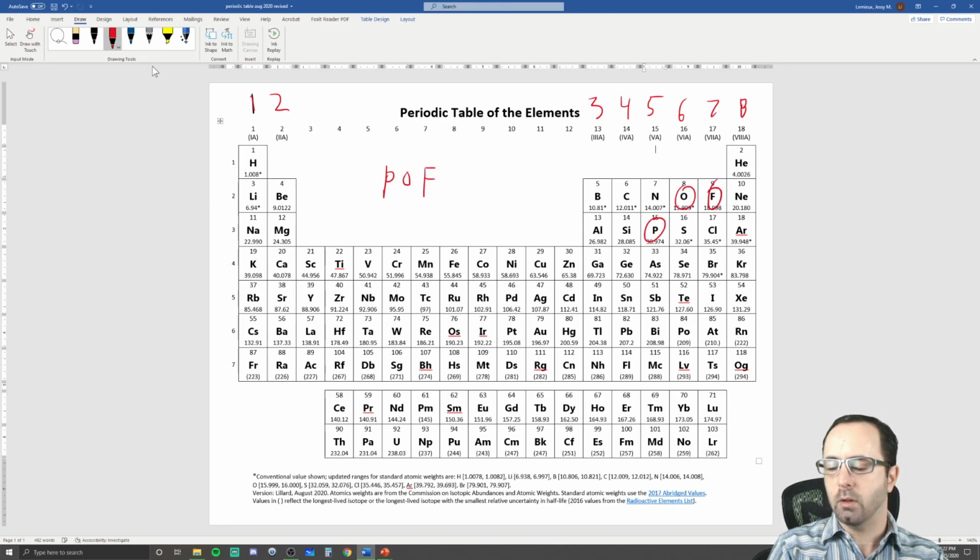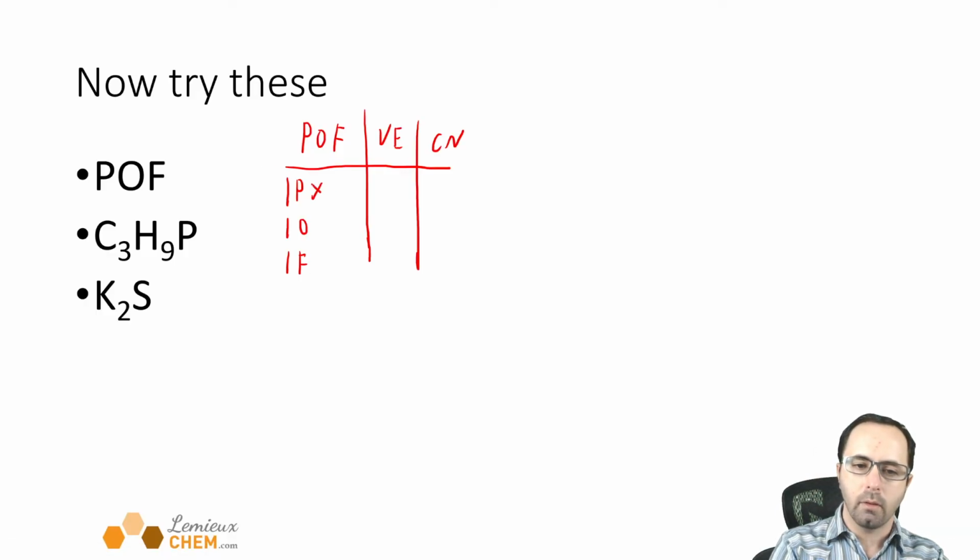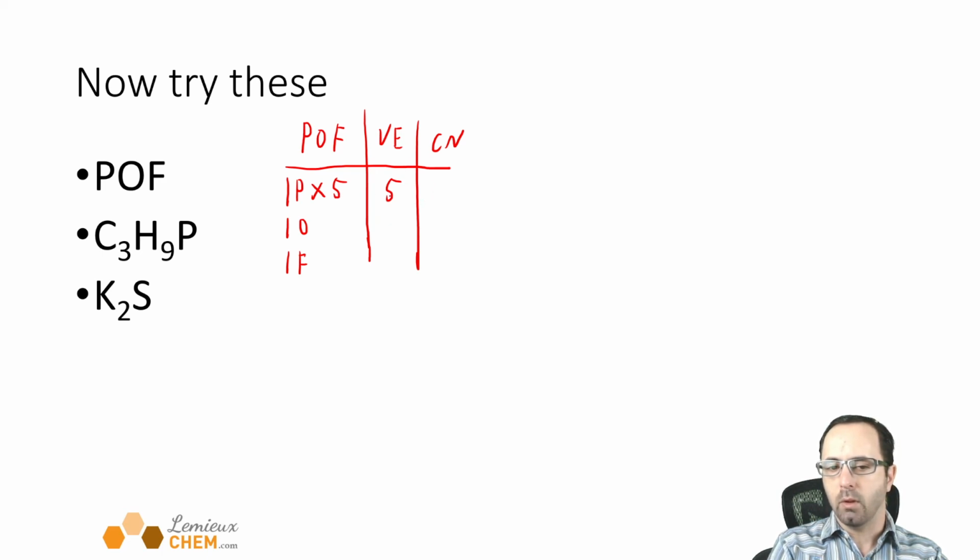Phosphorus, oxygen, fluorine. So we have 1 phosphorus, it's group 5, so 5 valence electrons. So 1 times 5, that's 5. And covalence number for phosphorus is how many a phosphorus atom would need to have 8. How many more? It starts with 5, so it would need 3 more to have 8.